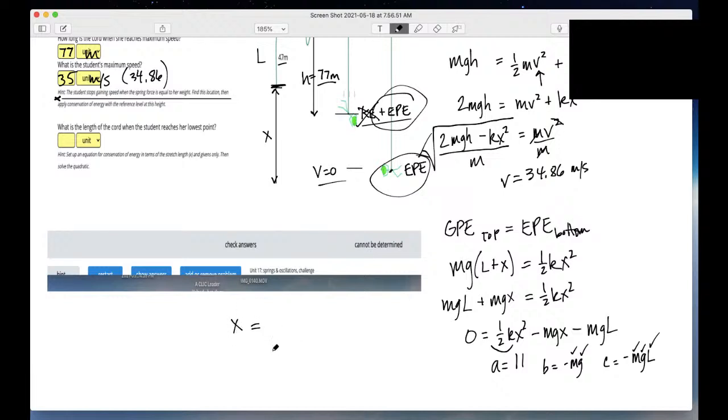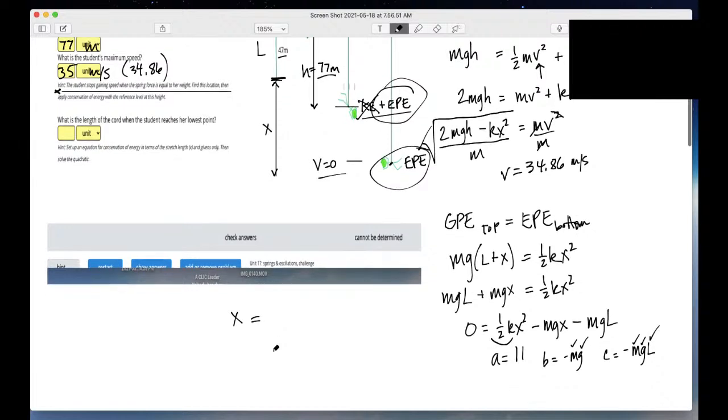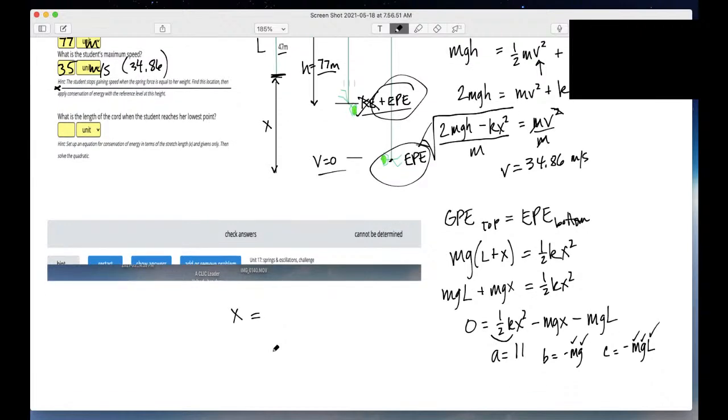And if you have it programmed into your calculator, like we talked about, put a quadratic formula program in, then we can put A is equal to 11, B is equal to negative 67 times 9.81, and C is equal to negative 67 times 9.81 times 47.